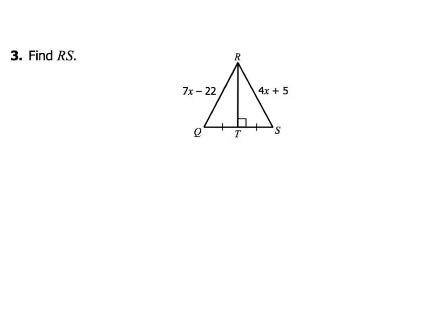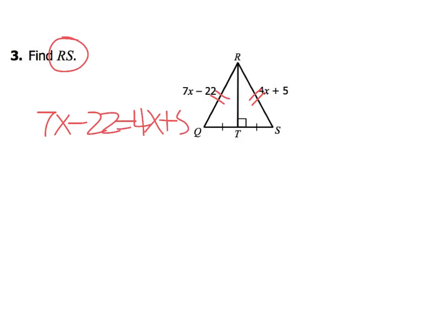All right, number 3 is the same idea. So we know that this is a perpendicular bisector because RT is perpendicular to QS and T is the midpoint of QS. So therefore, RT is a perpendicular bisector, so we can say that RQ is congruent to RS. Now our goal here is to find RS, but first we have to solve for x. So 7x minus 22 equals 4x plus 5. Move all the x's to one side.